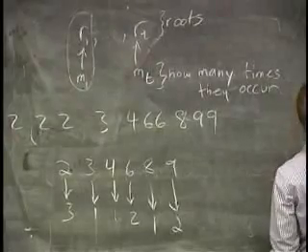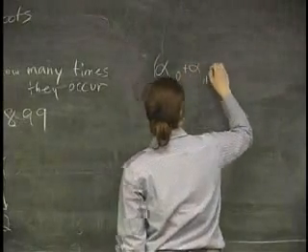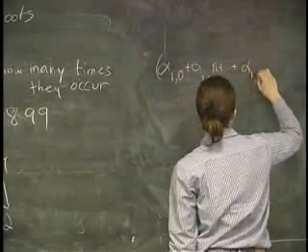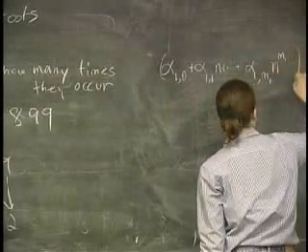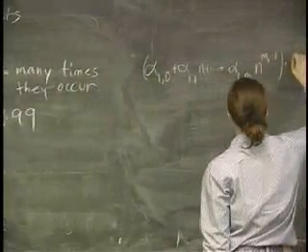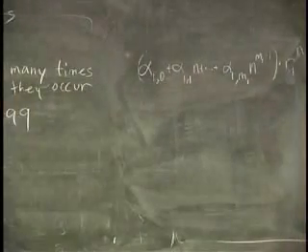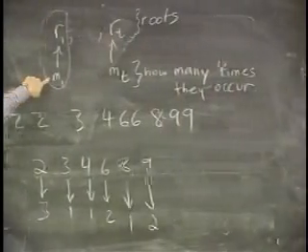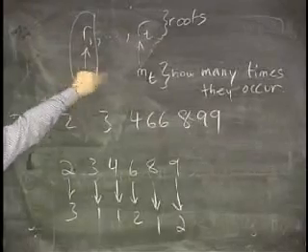So we get that. This r1 occurring m1 times contributes this much. Does everyone see how that's the right thing?